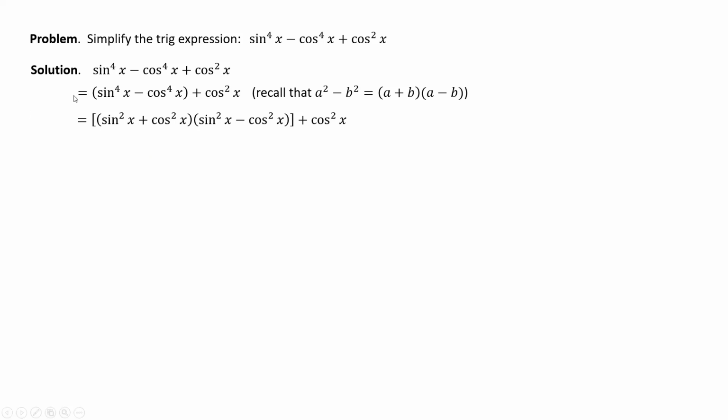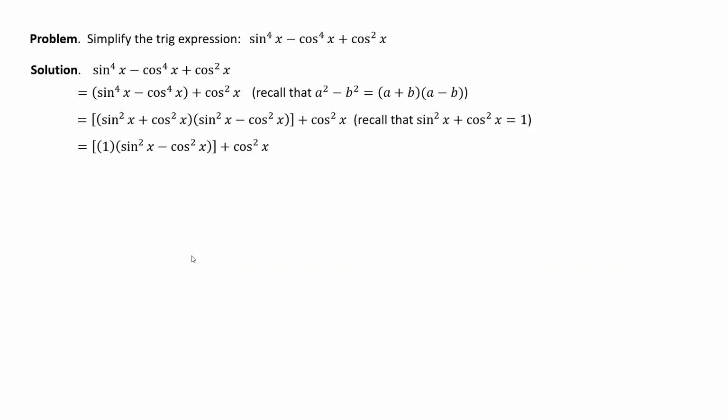I have a to the 4 minus b to the 4. Well, I can write that as difference of squares, a square plus b square times a square minus b square. So that means I can write this as sine square x plus cosine square x times sine square x minus cosine square x, so that I can apply that identity sine square x plus cosine square x is equal to 1. So this whole thing just becomes 1 times sine square x minus cosine square x.